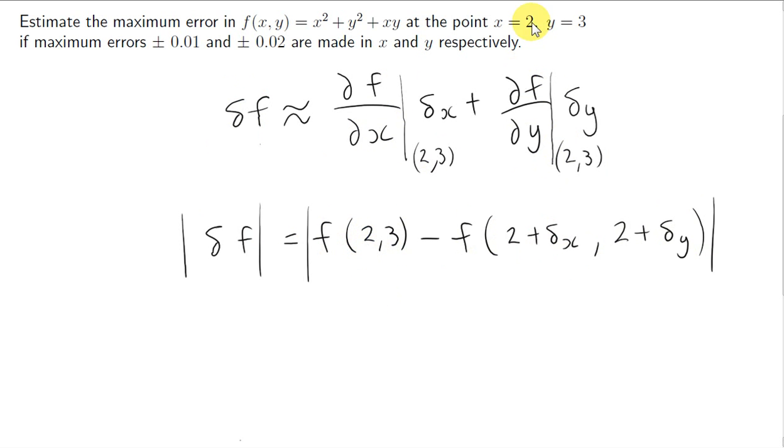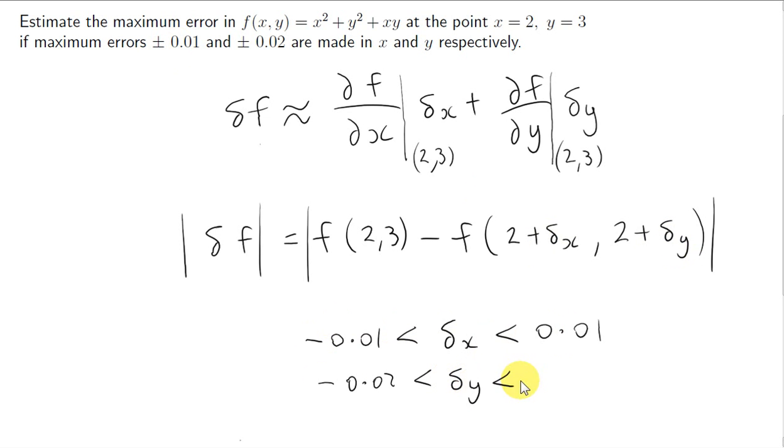So we change the point with coordinates (2, 3) by delta x in the x direction and delta y in the y direction. Delta x or delta y could be positive or negative. For this question, delta x can have a range of values. It can run from minus 0.01 up to plus 0.01, and similarly delta y can run from minus 0.02 up to plus 0.02.